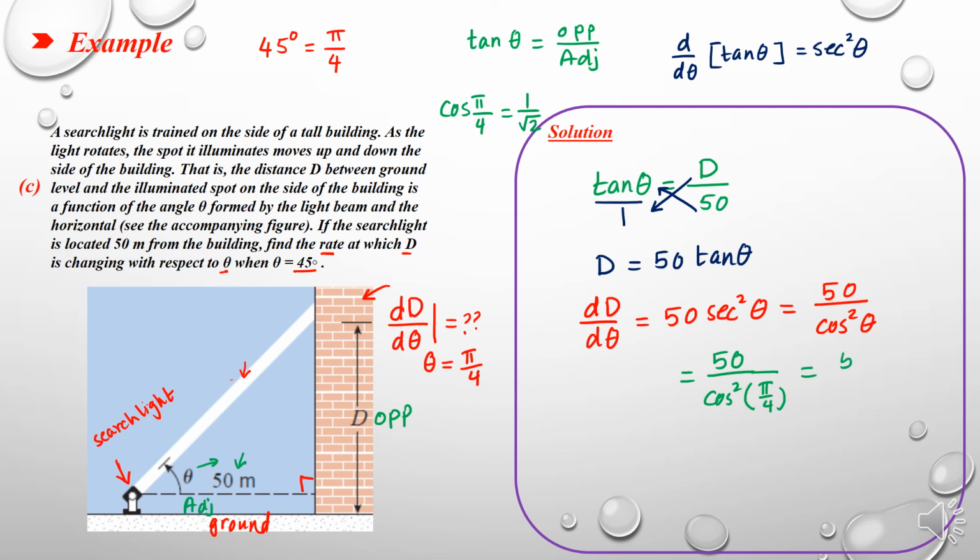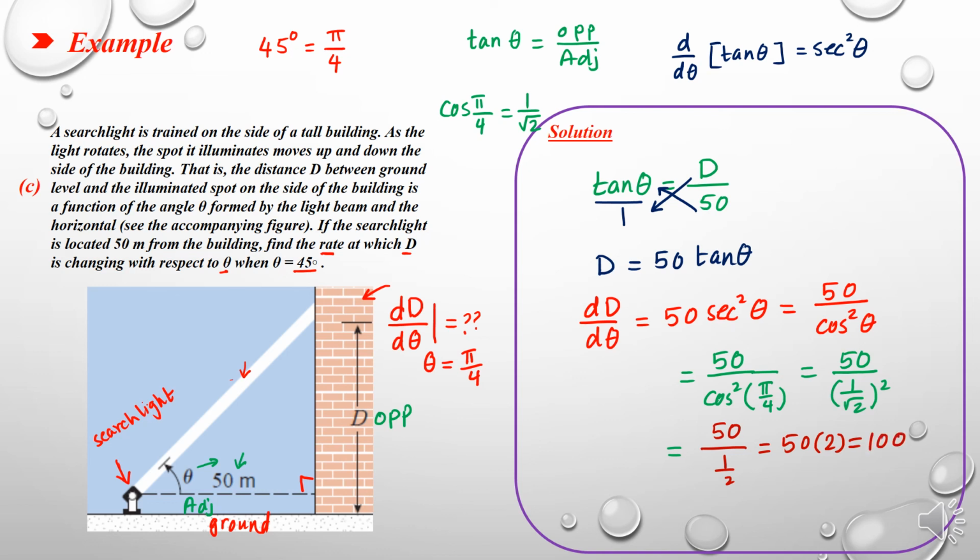So you will have 50 divided by 1 over square root of 2 squared, which gives 50 divided by 1 over 2, which is 50 times 2, and the answer is 100.